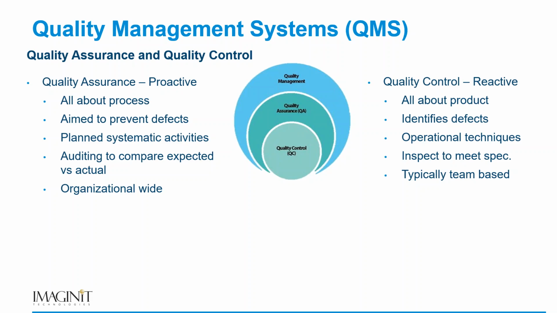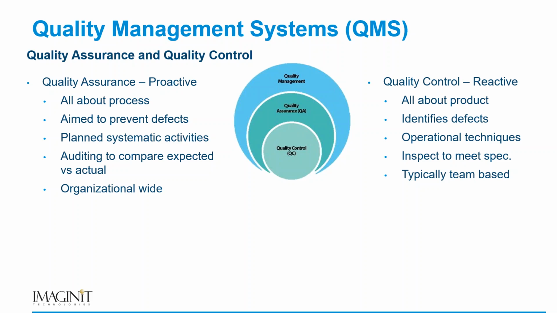When we look at quality control itself, it's more reactive. It really focuses on the product or project that you're putting out to identify defects. It really focuses on your operational techniques and how you go about them. The inspect to meet specifications sort of aspect. And it's really team-based, right?